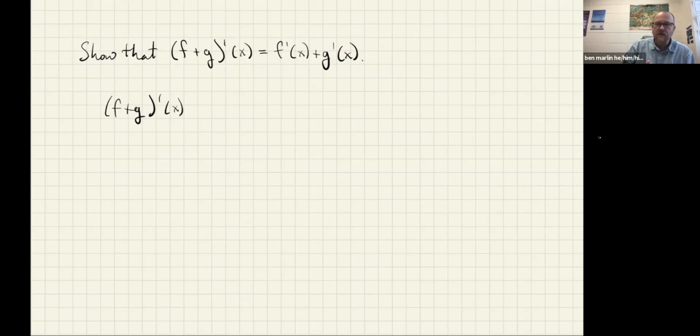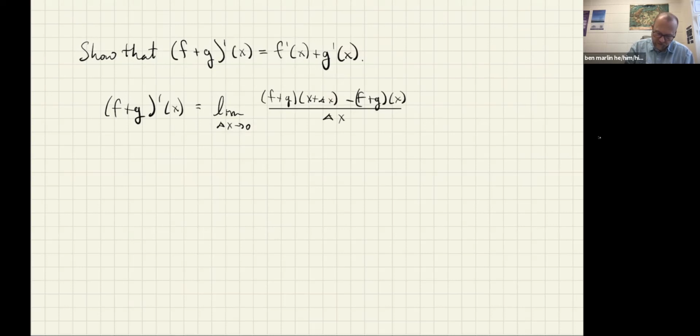I have a function called f and a function called g, and when I put them together, the new function is called f plus g. That's not anything amazing, I know, but I'm going to talk about the limit as delta x goes to 0 of f plus g of x plus delta x minus f plus g of x, all that divided by delta x.